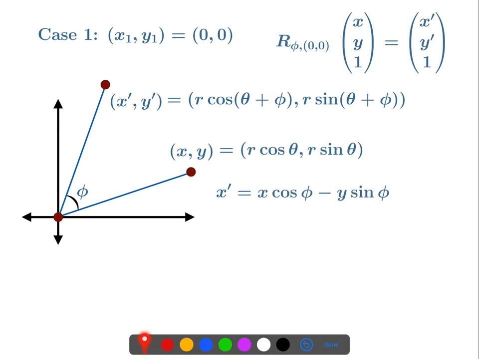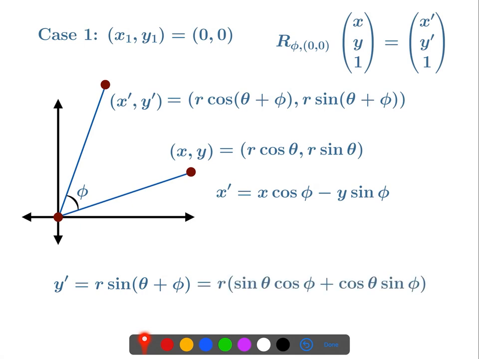So I want something like that also for y prime, and we do the almost exact same thing here. I have y prime is r sine of theta plus phi, and then I'm going to use the formula for sine of the sum of two angles. So I get sine of theta cosine of phi, and then plus in this case, sine phi cosine theta might be the way you remember it, but I'm putting the cosine there and the sine phi there.